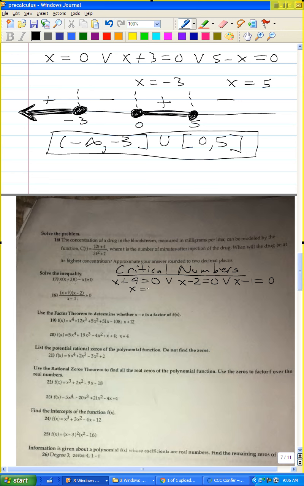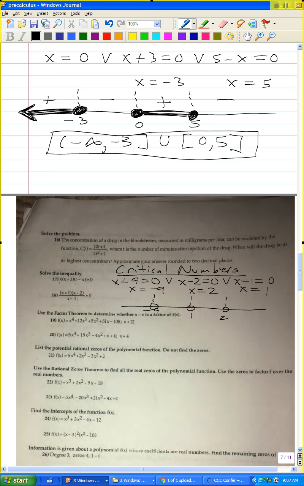So x is equal to negative 9, positive 2, and positive 1. So let's place these on the number line. Negative 9, positive 1, positive 2.